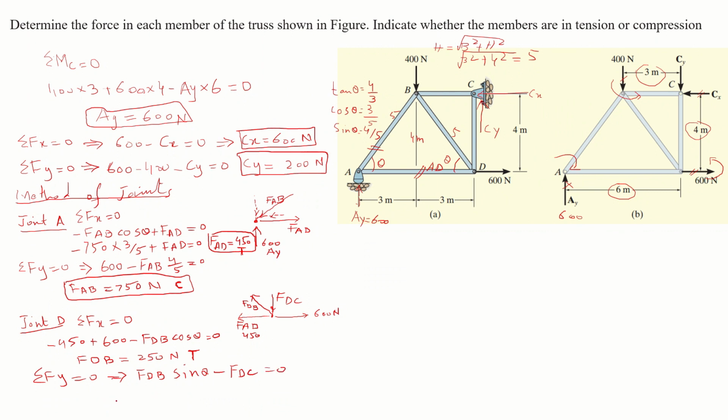So from here we find that F_DC is equal to, where sine theta is equal to 4 by 5. So F_DC is equal to 200 Newton, and as you can see it is directed towards the joint, so it is a compressive force. We place a C here to show that this is a compressive force.